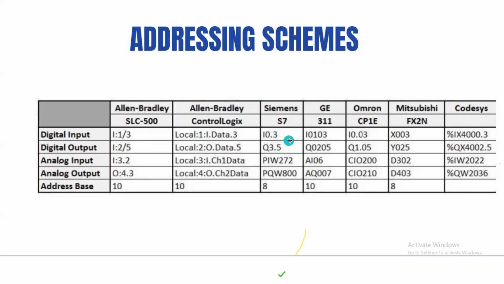Then when we look at Siemens, I0.3 across the entire family, there's no complexity. GE, you can see Omron, you can see Mitsubishi, you can see CodeSys, which by extension is what Schneider, ABB, Beckhoff and a lot of other brands use, is going to have a convention like this.